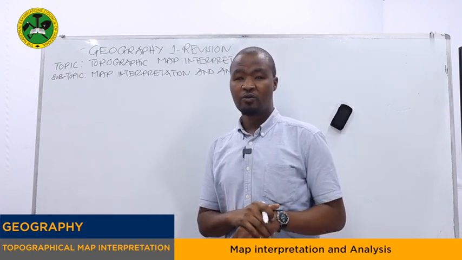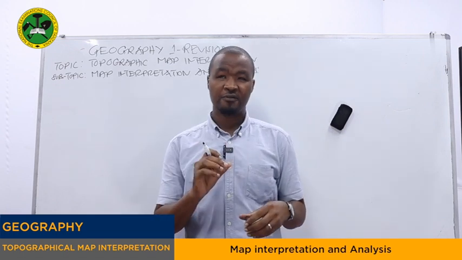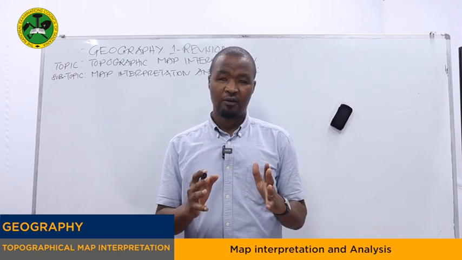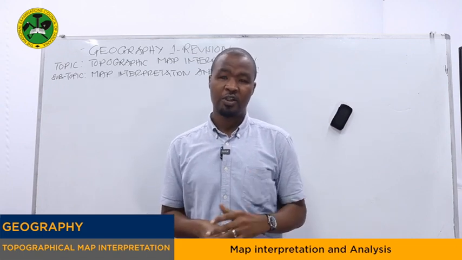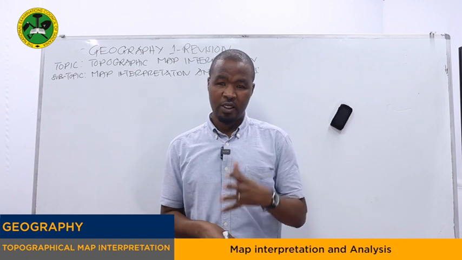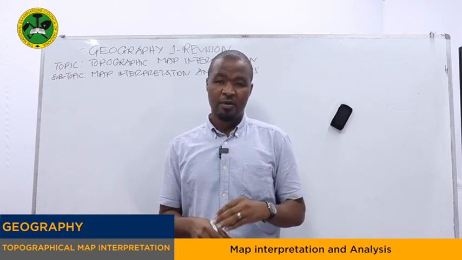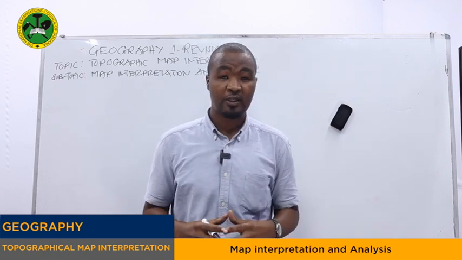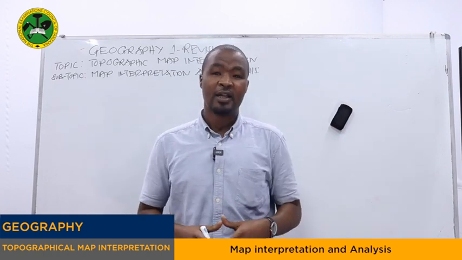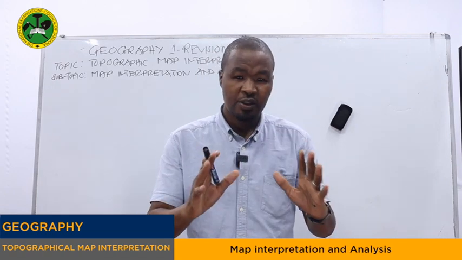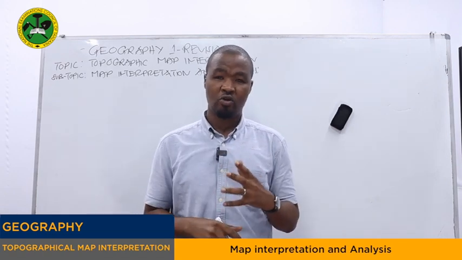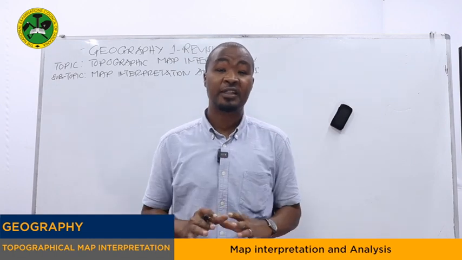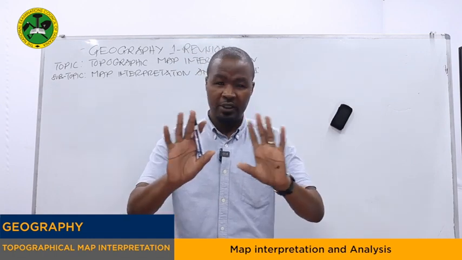Map reading refers to the process of identifying features found on a mapped area. If you look carefully at your map sheet and you see maybe there is a road there, then you want to know what type of road that is. Maybe you see there is a settlement, for instance, and you want to see what type of settlement that is. Maybe there is a lake, there is this type of climate, etc. So, map reading is just the process of identifying the features found on a mapped area without doing anything else.